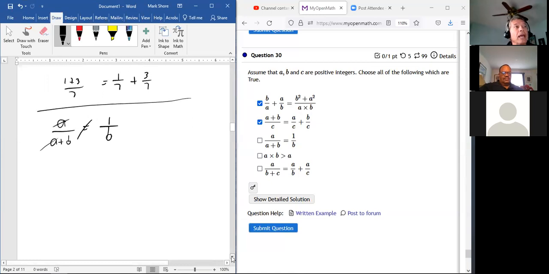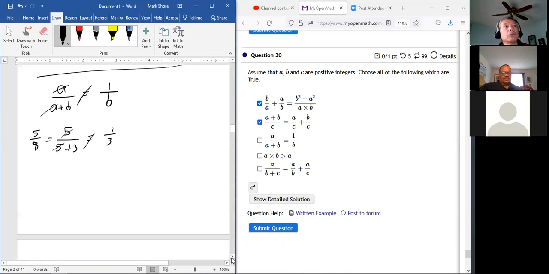If A over A plus B equals 1 over B, then 5 over 5 plus 3, by the same idea, the 5s would cross off and you get 1 over 3. But it's not. 5 over 5 plus 3 is 5/8, and 5/8 does not equal 1/3. So no, that's not true. So this is a no. It's false.